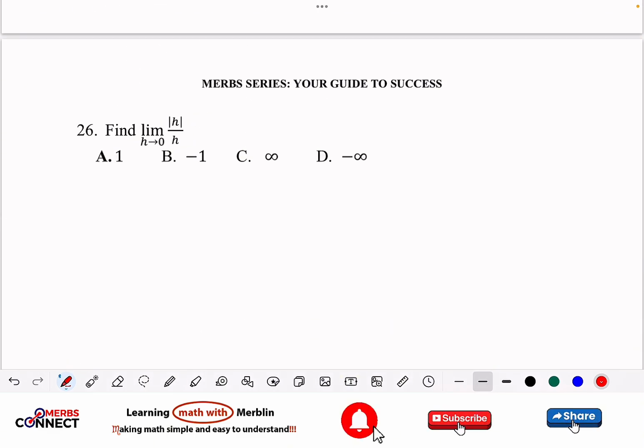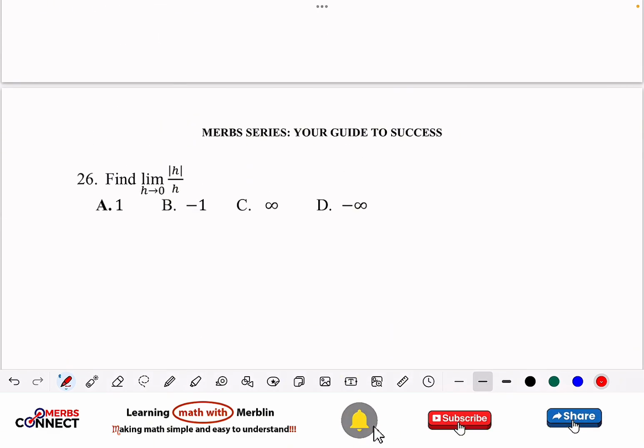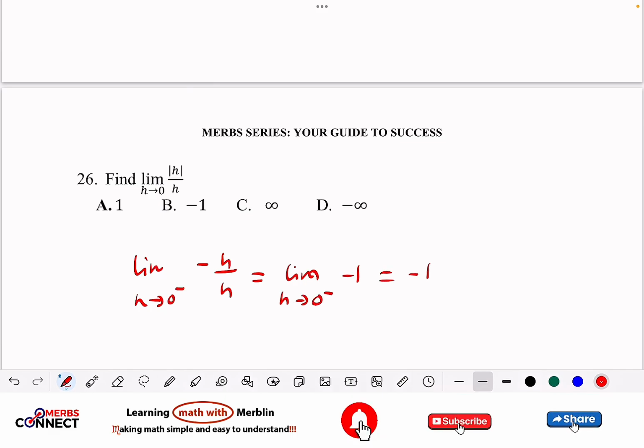Let's look at 26. For us to get this limit, we need to check the left and then the right. So limit as x is approaching 0 from the left, we are going to pick the negative of this. So negative x divided by x, this is limit as x is approaching 0 from the left, which is going to be minus 1.